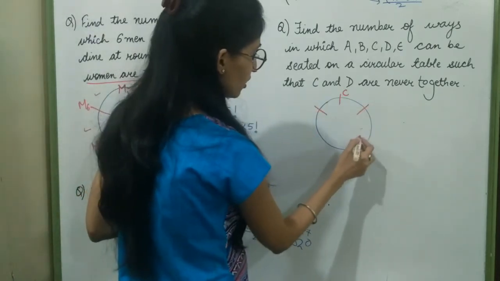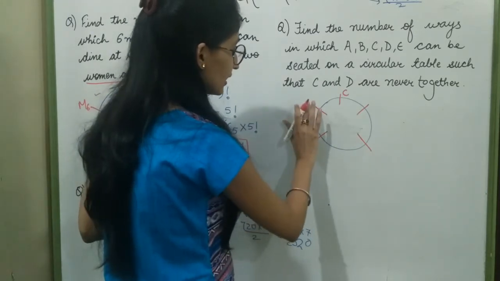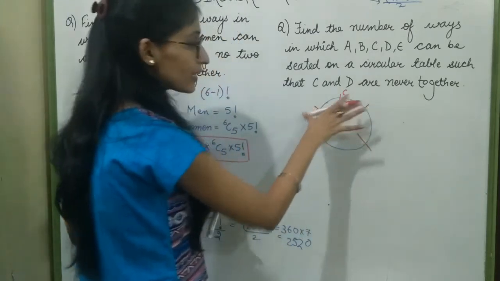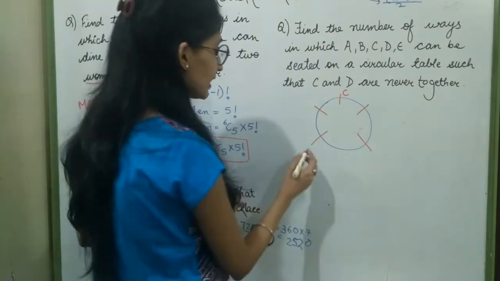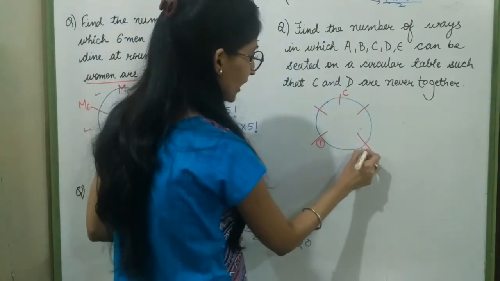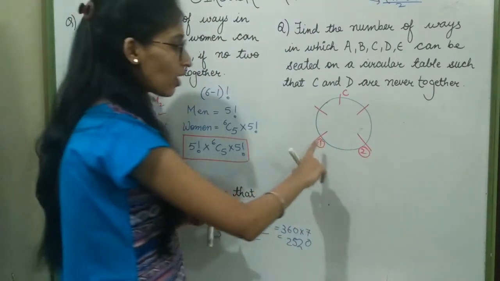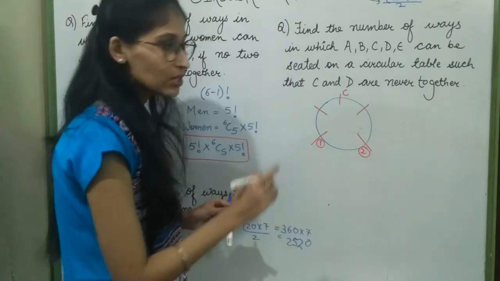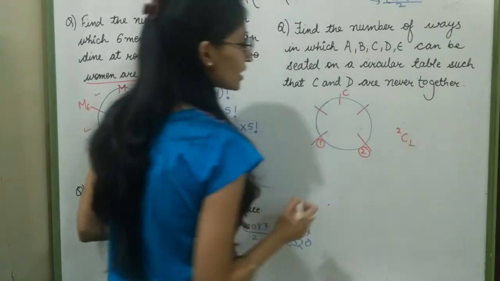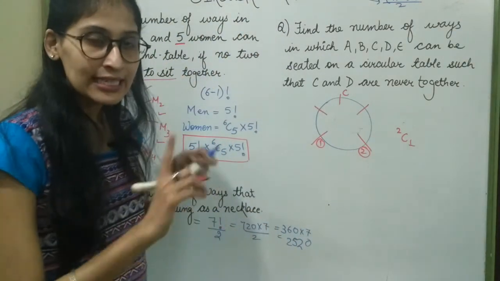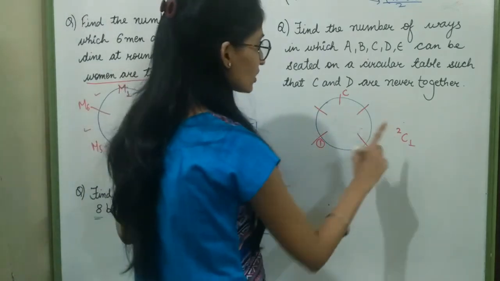So, out of the 5 possible seats, D cannot sit at these 2 positions. So, total available seats for D are 1 and 2. D has to select 1 seat out of these 2 seats. So, for D, the seats will be 2C1. C has already been allotted a seat.